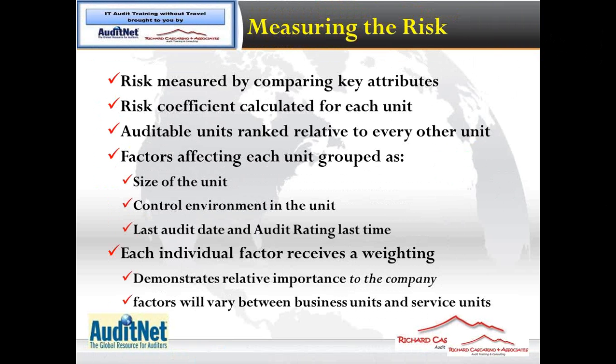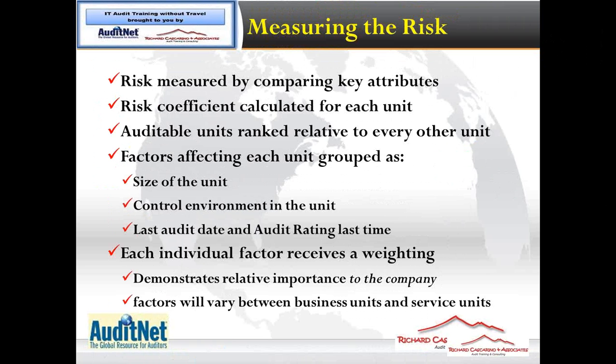And we're going to take all of those risk factors and rank every unit against every other unit. That means if a unit comes out low on the risk profile, it doesn't mean it's no risk, and it doesn't even mean it's low risk. It means it's low comparative risk compared to other units.